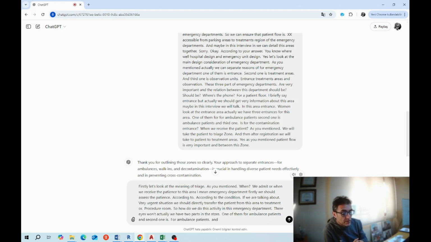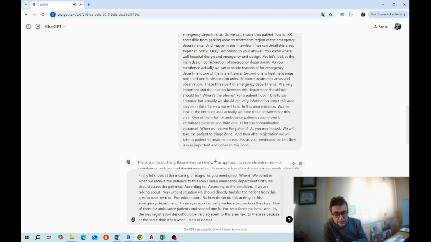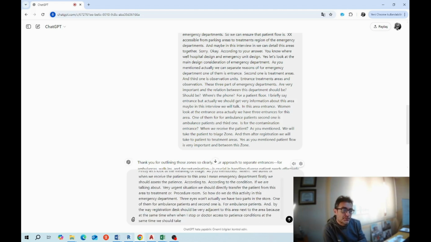And by the way, the registration desk should be very adjacent to this area, because at the same time when a staff or doctor assesses the patient's condition, we should take the record of the patient. And by the way, we should separate this area from the waiting area.